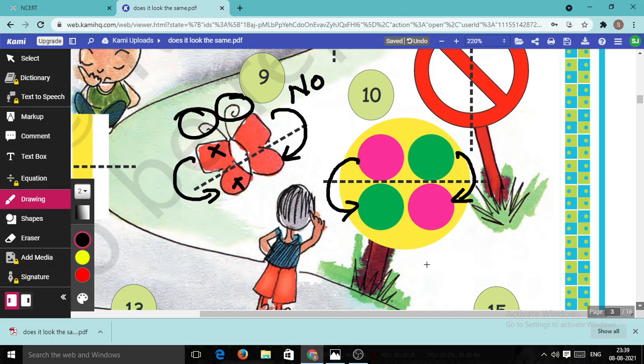So we write here no, because color is also required to make a mirror half. The same color is also required. So if you want to make a mirror half, then this purple color will change to this green color. When here we get a green color, then we say that this figure is equally divided.